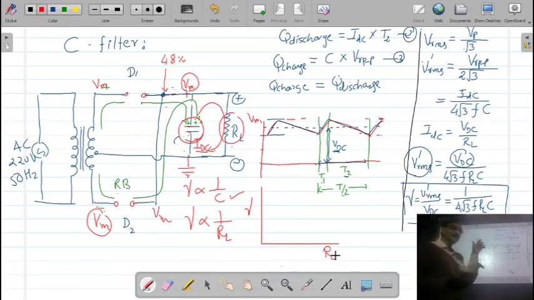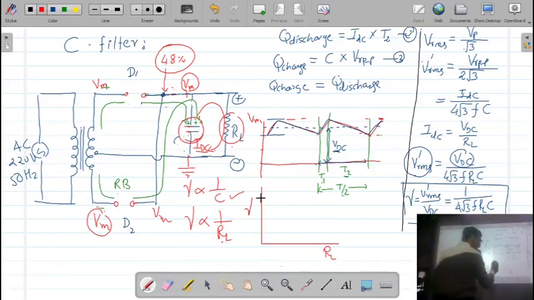Infinite doesn't mean it is very, very high. Infinite means the maximum value of the ripple factor. And what is the maximum value? That is 48%. And as this value of RL is increased, the ripple factor is going to decrease like this.